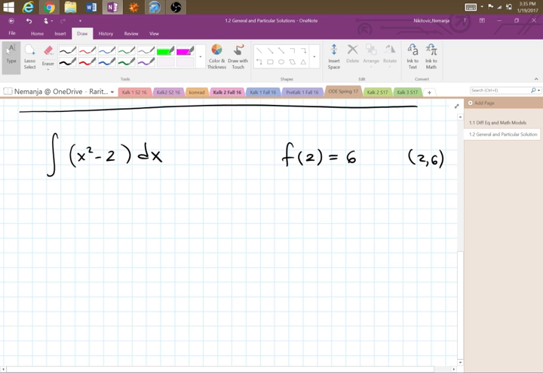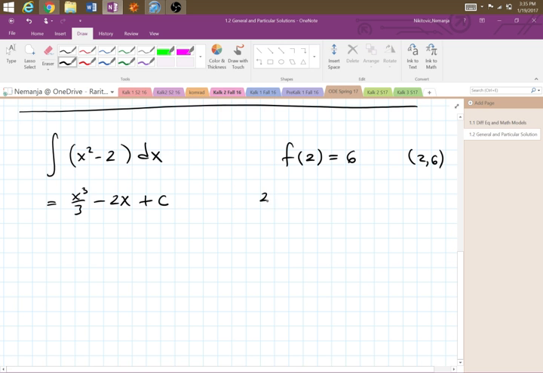So now what I'm going to do is I'm going to integrate here, get x cubed over 3 minus 2x plus c, and now use the initial condition where I understand that everything will be equal to 6 and every x becomes 2.